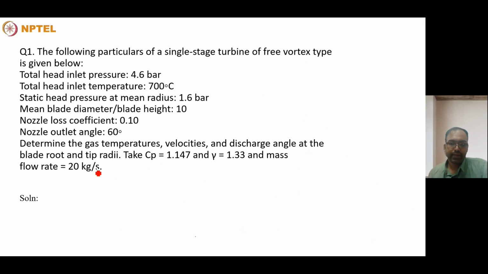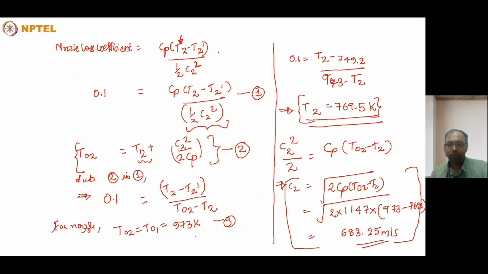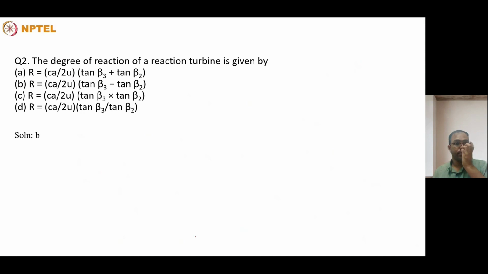We can calculate the axial velocity and we can calculate the density. And from these three values, we can determine the value of area, and using the area, we can determine the value of the mean diameter, as well as from the mean diameter to blade height ratio. We will try to do that in the next analysis.